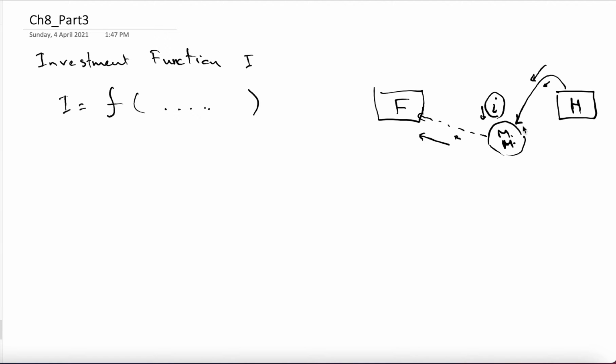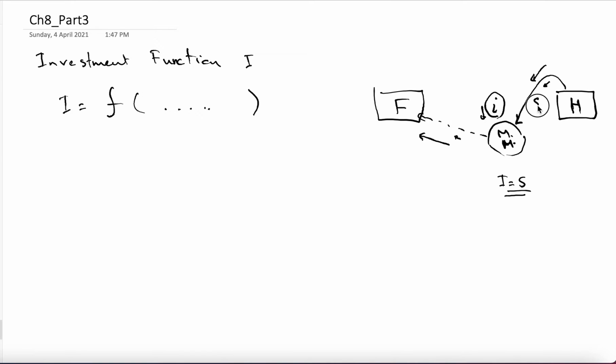In the equilibrium, of course, investment and saving are going to be equal, but in the absence of that, the interest rate is what brings the demand and supply together.